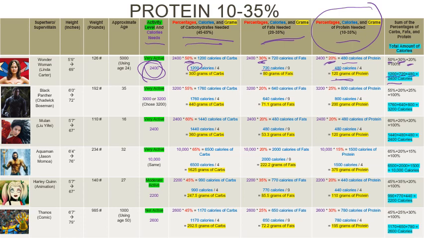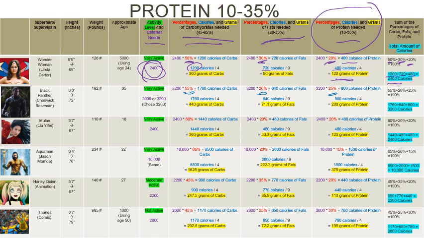Let's look at the Black Panther. Remember, we have to look at the percentage. So these always have to equal 100%. We already know 55% for carbohydrate, 20% for fat. So when you think about 100 minus 55 minus 20, it equals 25%.